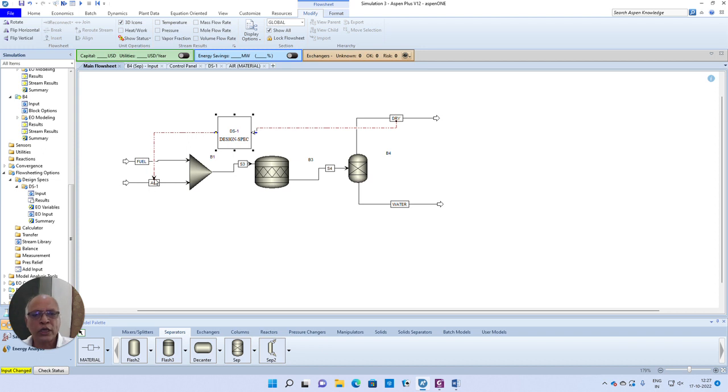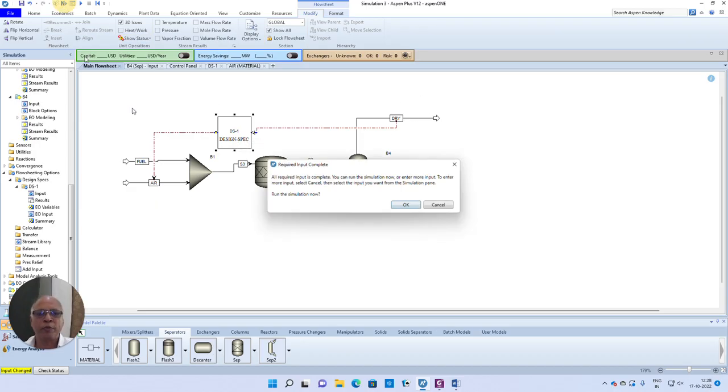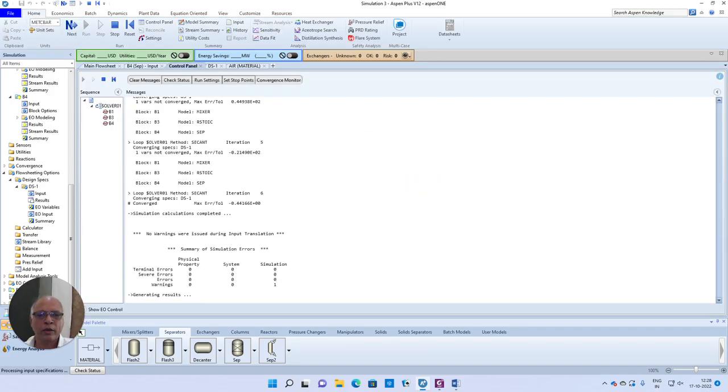So we are using some air flow rate, calculating the composition of CO2 in the dry flue gas, and comparing it with the requirement. If the requirement is not met, we are going to adjust the air flow rate till the requirement is met. So you can run this problem now. Again, we are using the secant method. By carrying out about 6 iterations, we were able to come to a convergent solution.